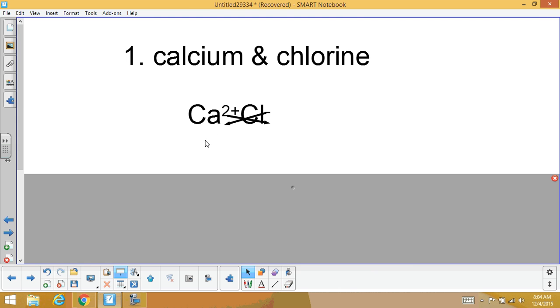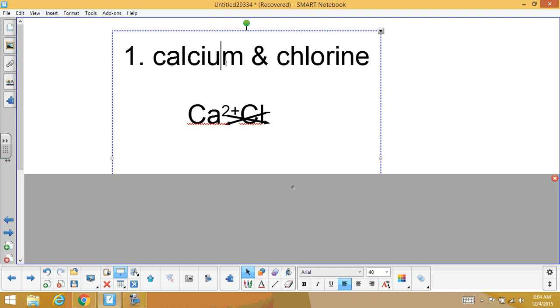So once we switch them, now we have Ca1. If you want to put the 1 there, you don't have to. I'm just going to say I put the 1 there for now. And then you have Cl with a 2.